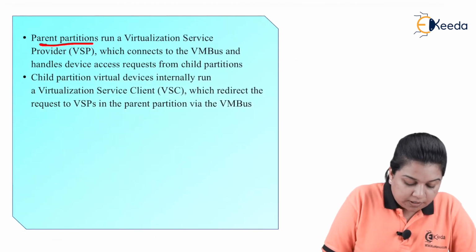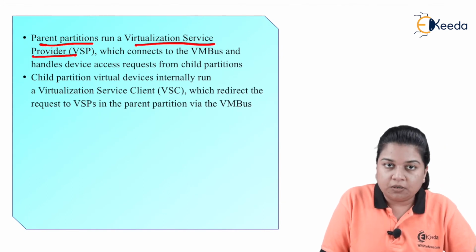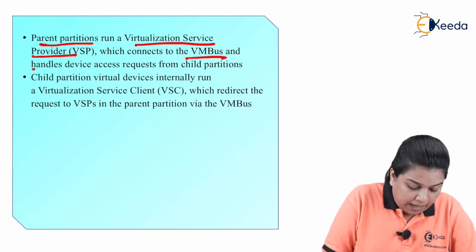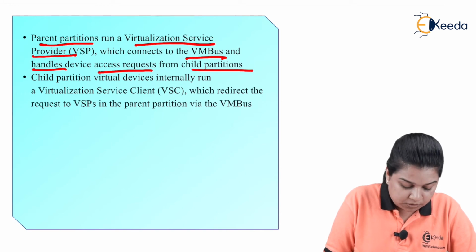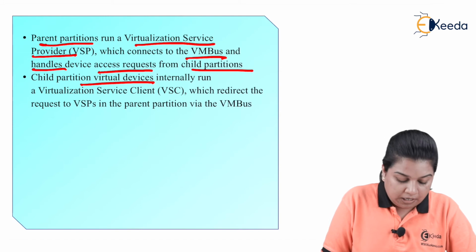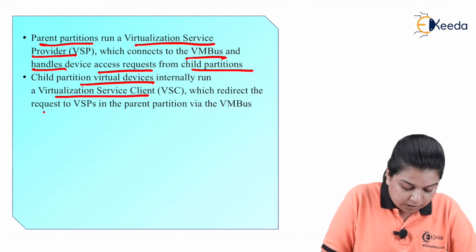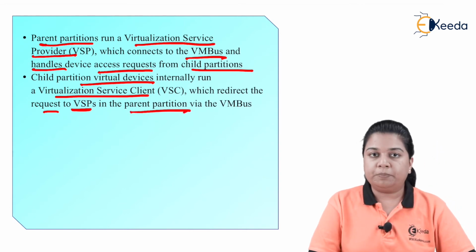Parent partitions run the virtualization service provider, that is VSP, as we have seen in the diagram, which connects to the VM bus and handles device access requests from the child partitions. Child partition virtual devices internally run a virtualization service client, which directs the request to the VSPs in the parent partition via the VM bus.